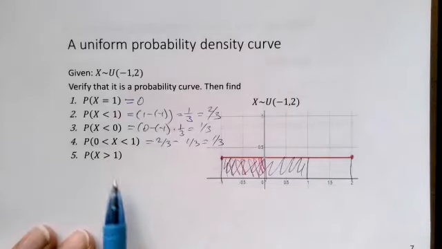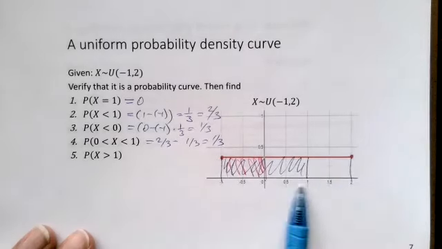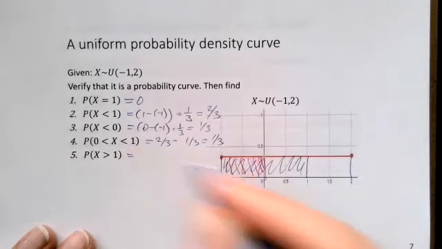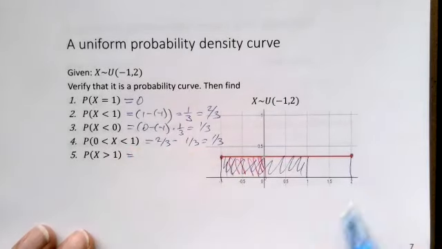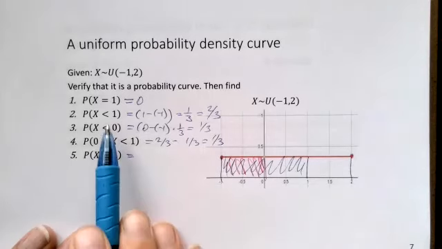And finally, what's the probability that x is greater than 1? Well, it's this area, which is the complement to the probability that x is less than 1. We could find the area of this rectangle, or we could apply the complementary rule, which I prefer.